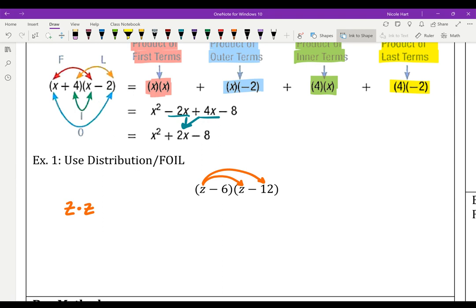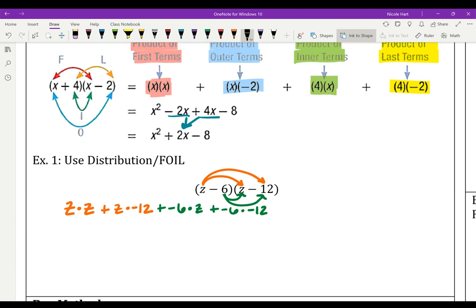So we're going to distribute, and we get z times negative 12. Then I'm going to take that negative 6 and distribute it to the parentheses on the right. So we have negative 6 times z plus negative 6 times negative 12.